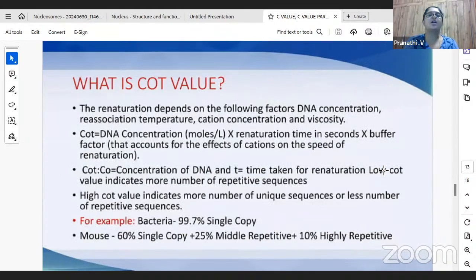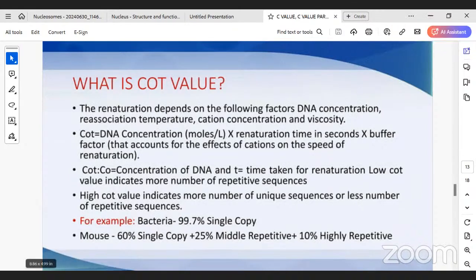So what is this COT value now? The renaturation depends upon the DNA concentration. What is the temperature of the reassociation or renaturation taking place? What is the number of cations that are present? And at the same time, the viscosity, the thickness of the solute concentration basically.